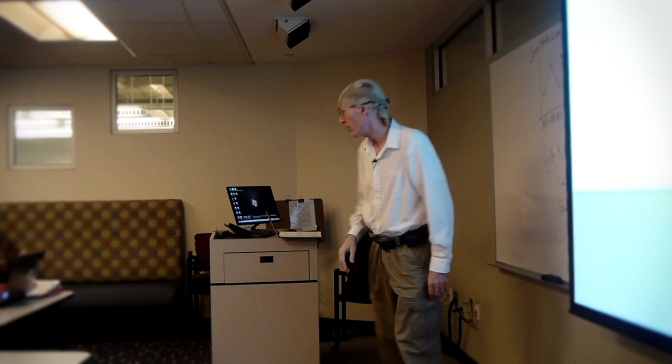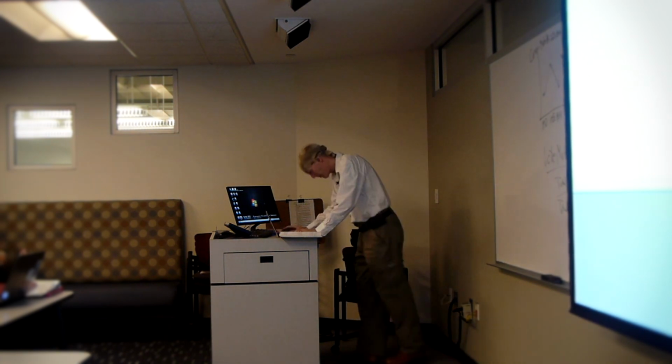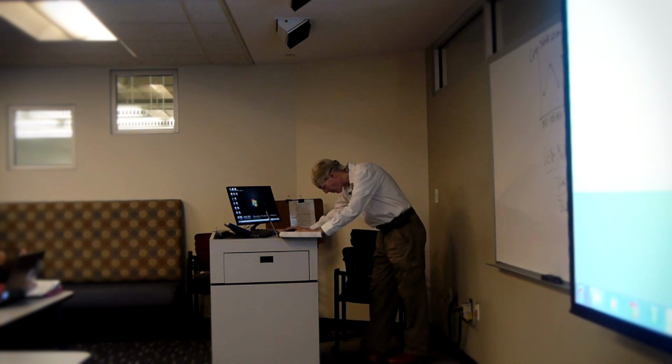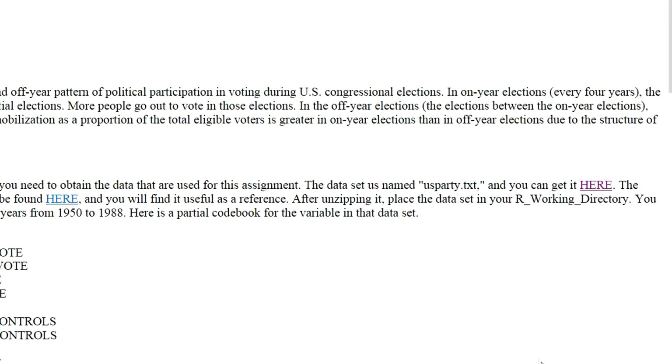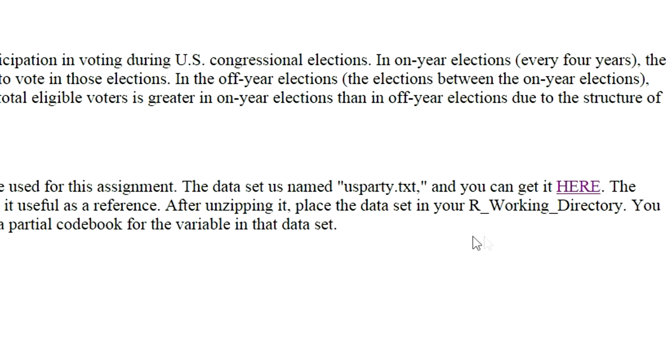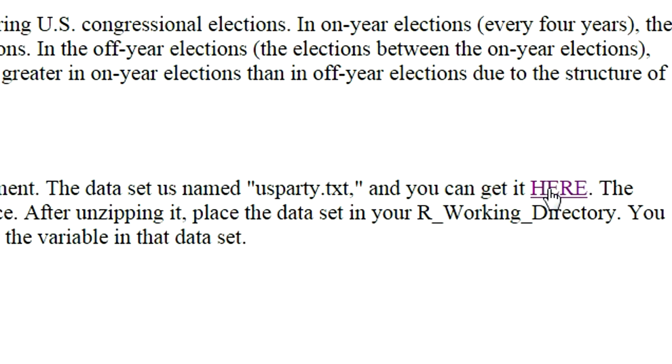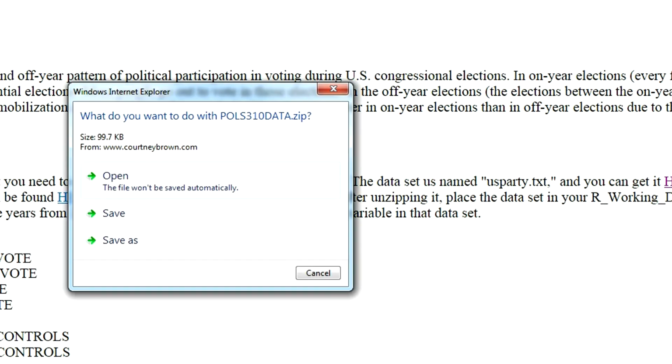So what we want to do is go here and click on the data set, which is here, the zip file. So you want to click on that, and you want to save it.